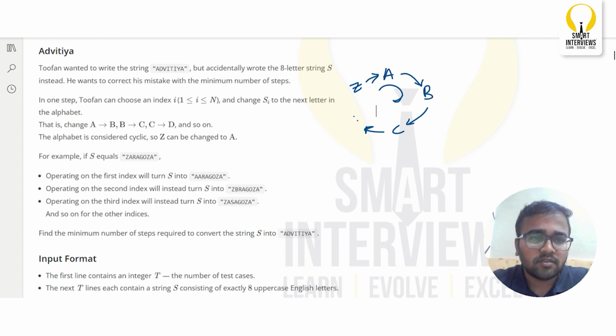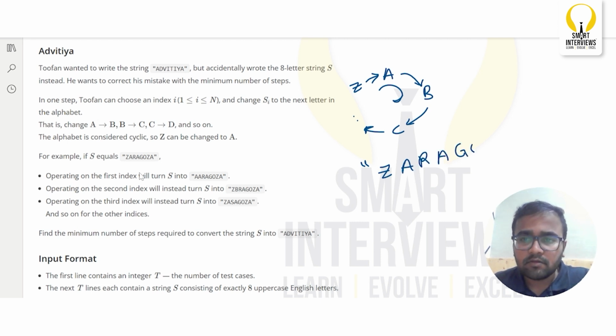For example, if S is equal to this string, let's see how we can perform the steps operating on the first index. So let us take this string. This is our string, Z A R A G O Z and A. Considering one-based indexing, 1, 2, 3, 4, 5, 6, 7, and 8.